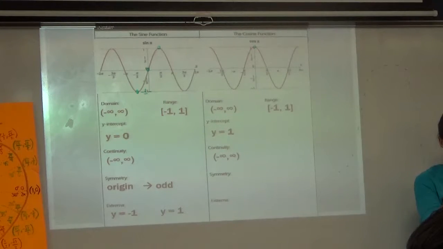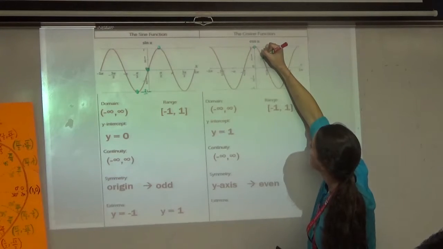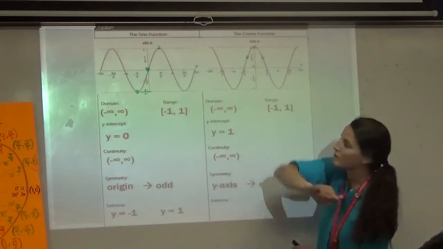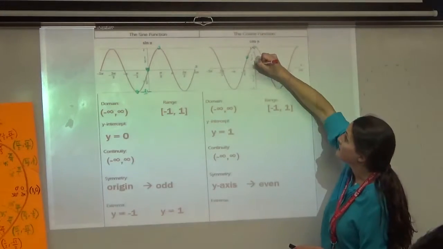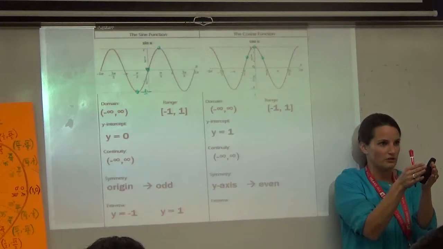Symmetry. Let's see, Jeannie thinks she's got it. Go for it. It's even, which is what type of symmetry? Across the y-axis. So notice, for example, if you pick this point, it's reflected right across the y-axis. If I folded my paper on the y-axis, everything would match up on either side, right?